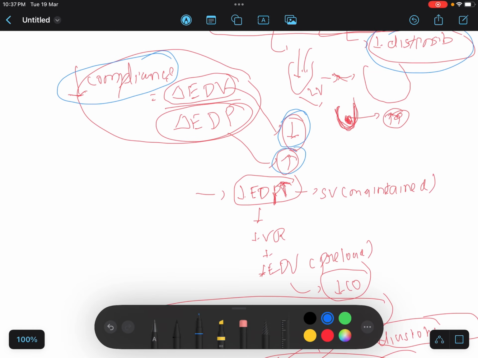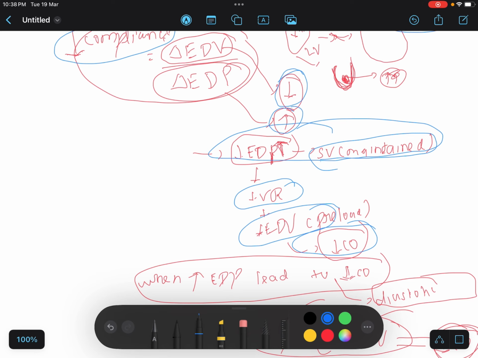Okay, fine. If the person comes with increased end diastolic pressure, can we say it is diastolic heart failure? No. Initially there is increased end diastolic pressure, but stroke volume is maintained. But after some time, there will be decreased venous return, decreased end diastolic volume, and decreased cardiac output.